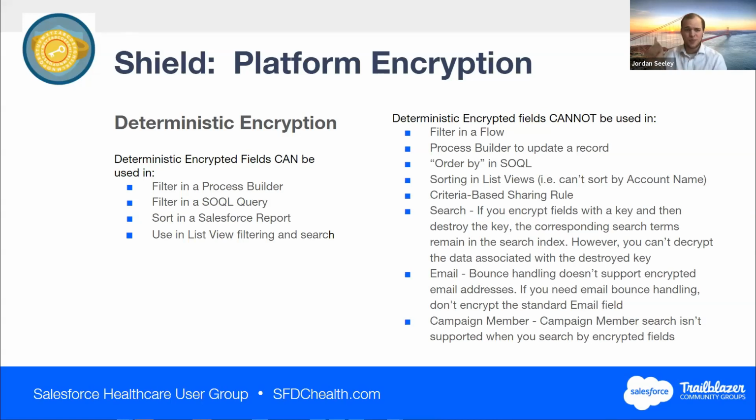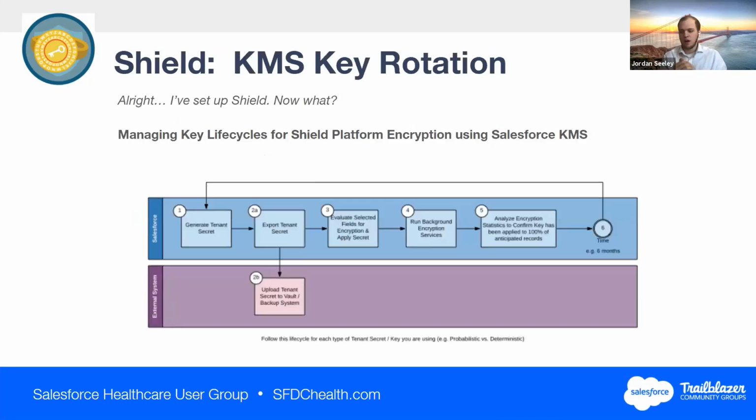But we actually do have a slide about the encryption timeline for rotating keys. So to answer the first one: for rotating keys, from a key lifecycle standpoint, you generate your tenant secret, and you can move to the next slide if you want to, Tina. You'll generate that tenant secret.